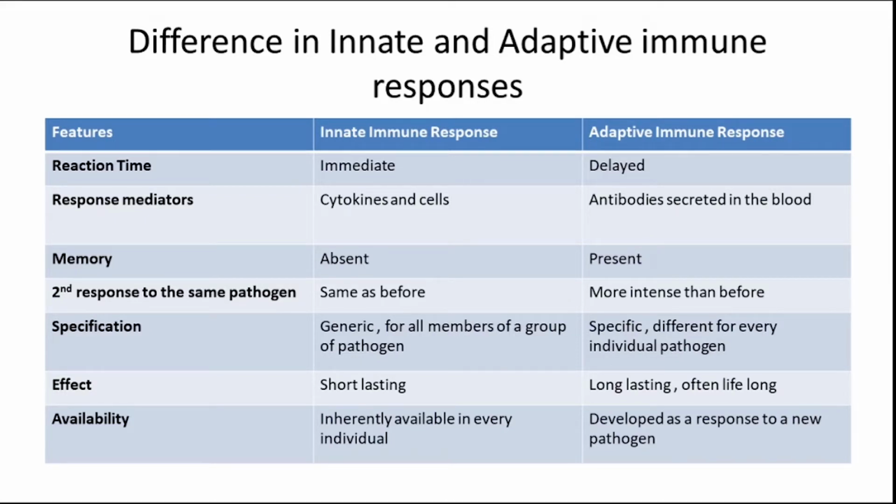Compared to the reaction time of the innate immune response, the adaptive immune response is a little delayed because it has its own activation time, so it does not react immediately.